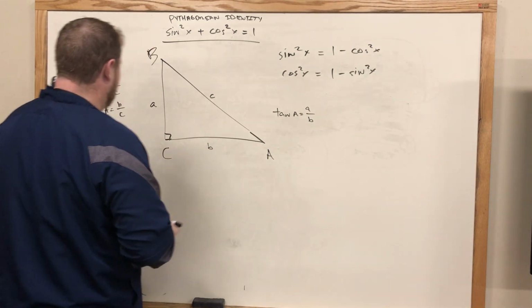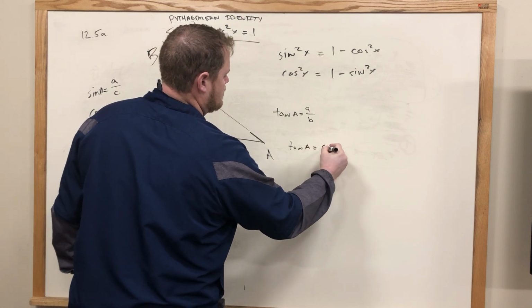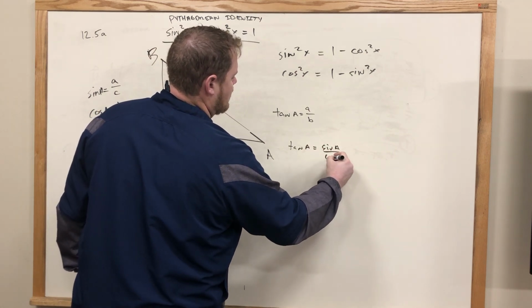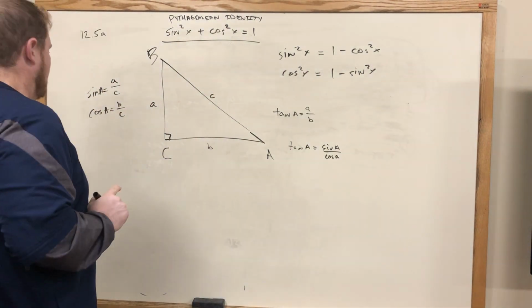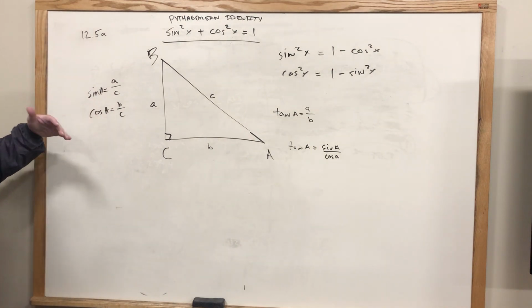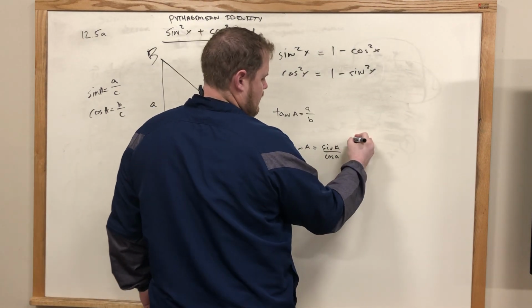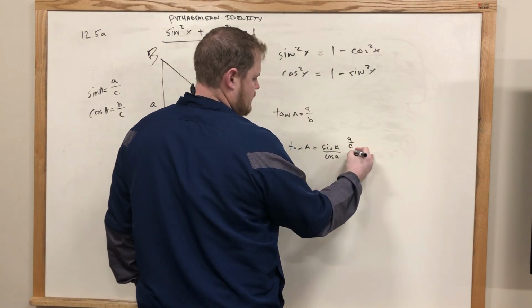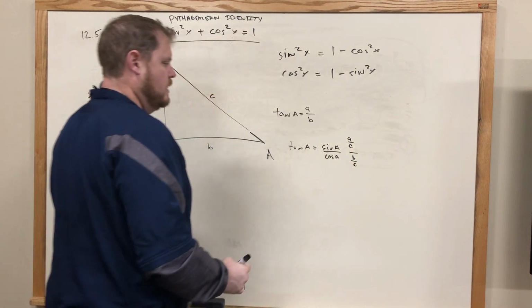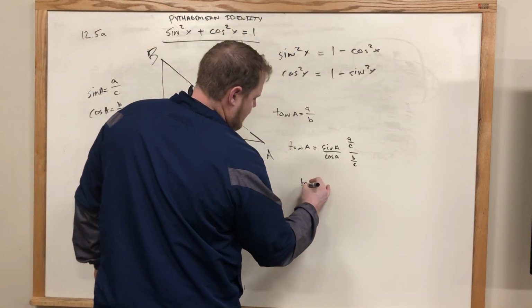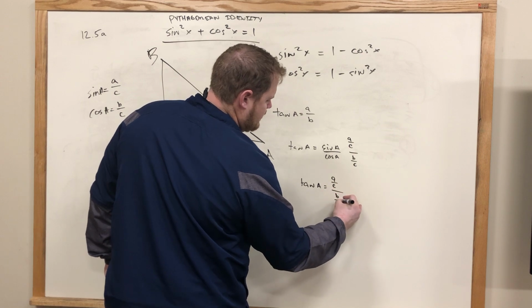What if I were to take tangent A and make it equal to sine A over cosine A? What would that do for me? Now think about it. We have sine A, we have cosine A. What does sine A become? It's going to be A over C over cosine, which is B over C. So essentially, that is AC over BC.